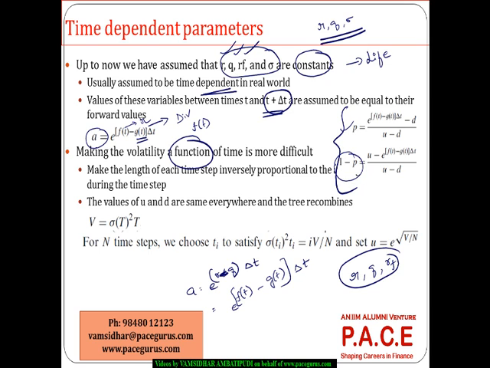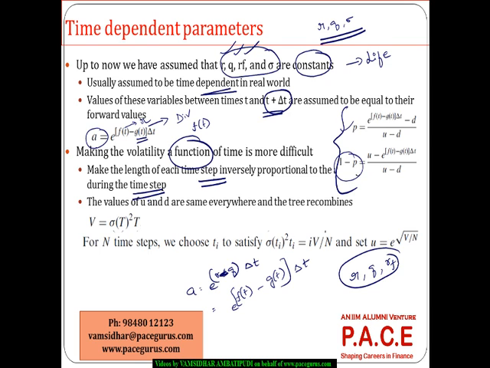I can still use the binomial model. But if I am making the volatility a function of t, it becomes very, very difficult. And one way to do that is make the length of each time step, delta t, inversely proportional to the variance during the time step.